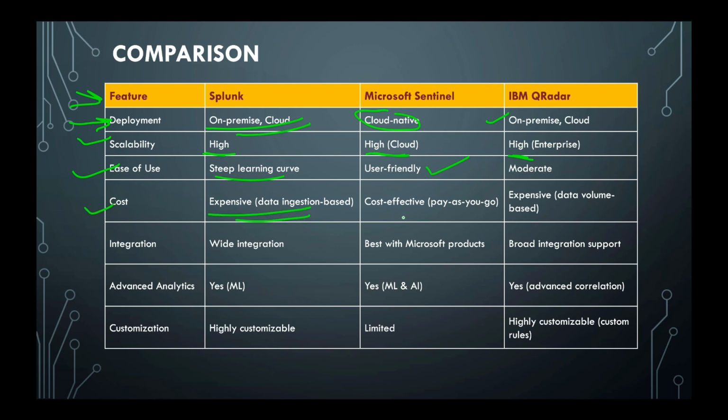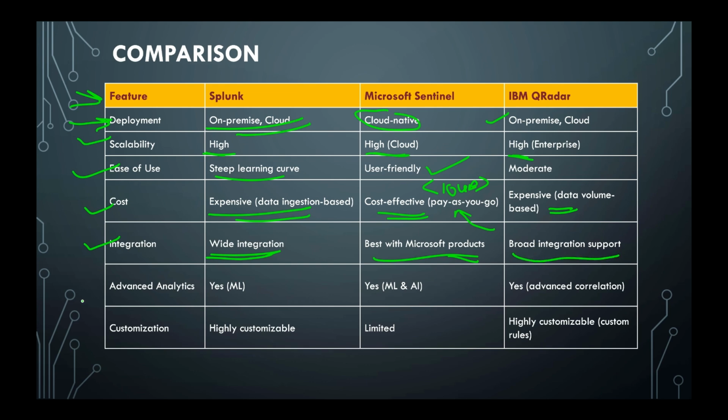Sentinel is cost effective if you go with the pay-as-you-go model. So if you are ingesting 10 GB of data per day, you need to pay for 10 GB only. And QRadar is also expensive. And integration: Splunk has wide integration, it supports almost all the applications and suites, while Microsoft Sentinel is best for Microsoft Azure products, and IBM QRadar has broad integration support.